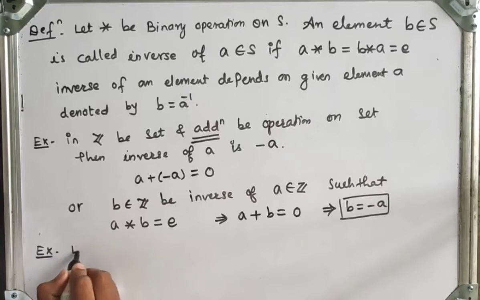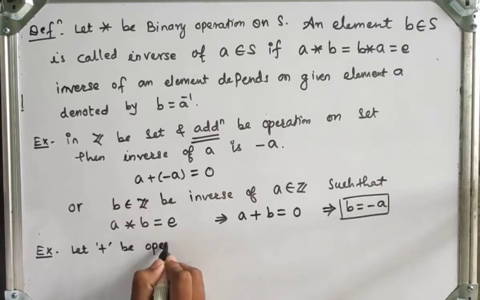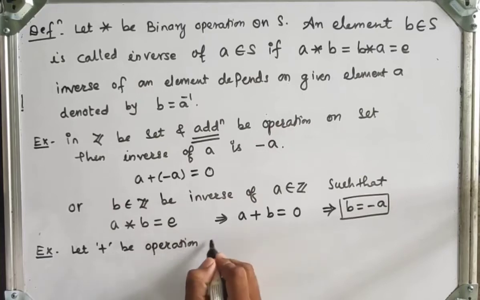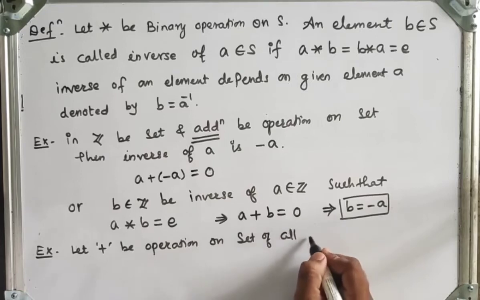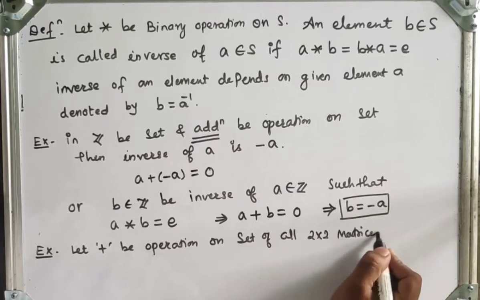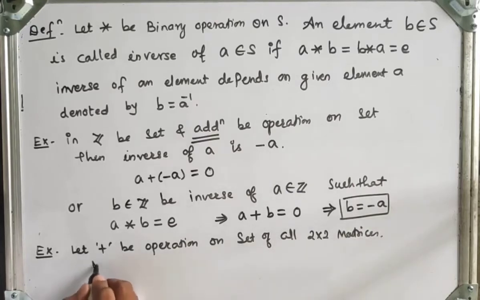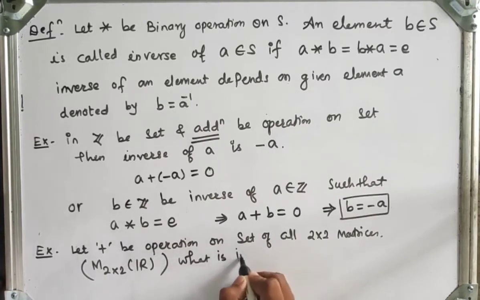Now let addition be the operation on the set of all 2 by 2 matrices, which can be denoted by M 2 by 2 matrix over the real number entries R. So we have to find, sorry, what is the inverse element?